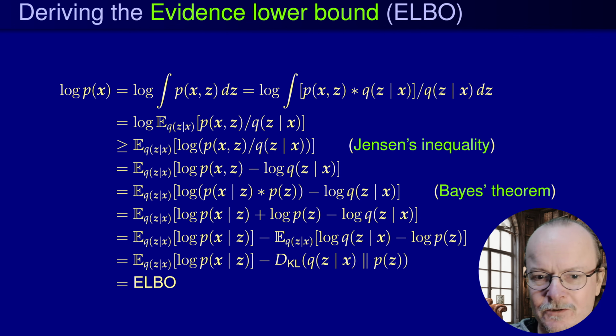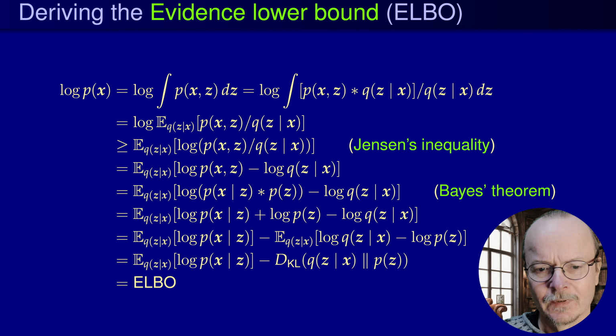This slide isn't just mathematics, it's a journey from confusion to understanding, or from complexity to clarity. We turn an intractable problem into something we can actually work with. And if you understand this, you also understand how to use ELBO and why it works.